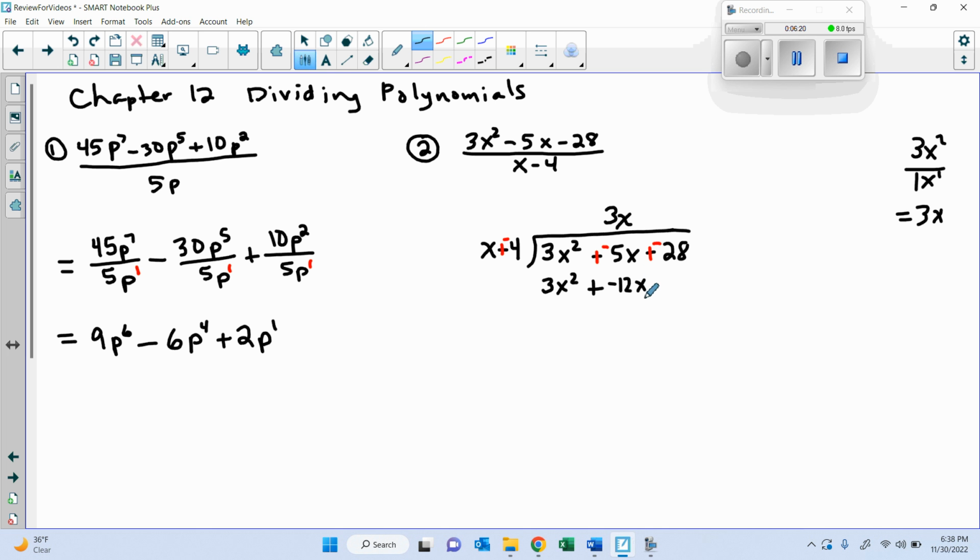Now, just like in normal division, we're going to want to subtract. But because this is a polynomial and we have more than one term here, we talked about in class that little saying that one of my classes made up that works really well. We know that when we subtract, we're going to change the signs and add.